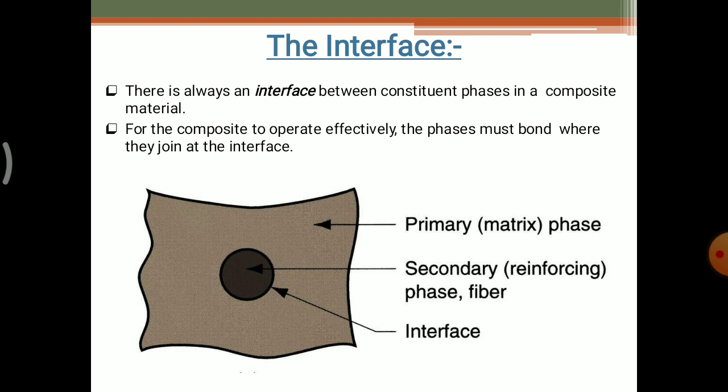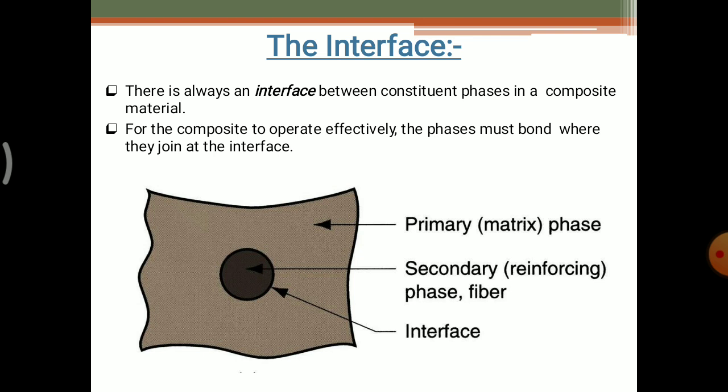The pale brownish color is the matrix phase, that is the primary phase, and the boundary between the primary and secondary phases is known as the interface. So that is the meaning of interface. There is always an interface between the constituent phases in a composite material, between the primary phase and secondary phase.